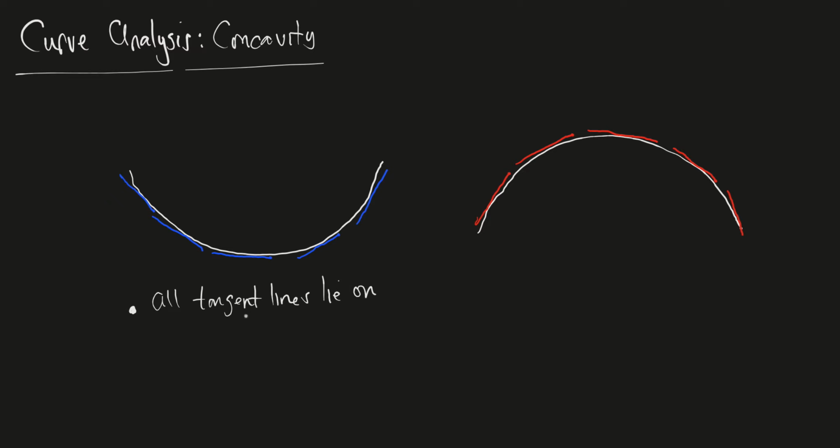Lie on, meaning they have a point in common, the point we often use to find the equation of the tangent, but otherwise they're below the graph.